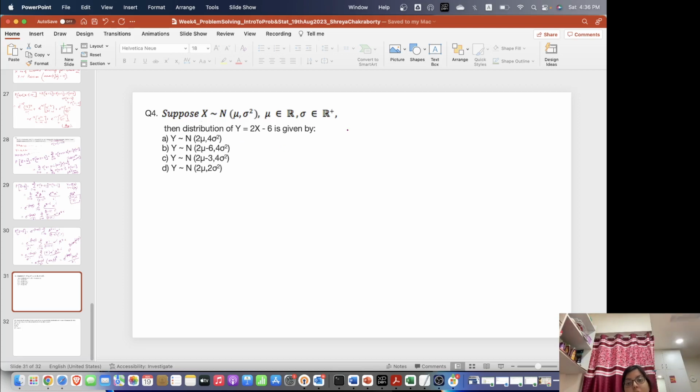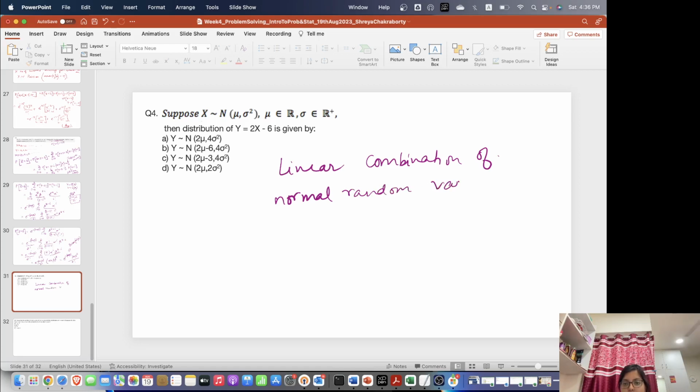So here if you find sums like this, you always remember that a linear combination of normal random variables will always be normal. Okay, this can be proven. It is a little long, a little more tedious in terms of calculation, but it can be proven.